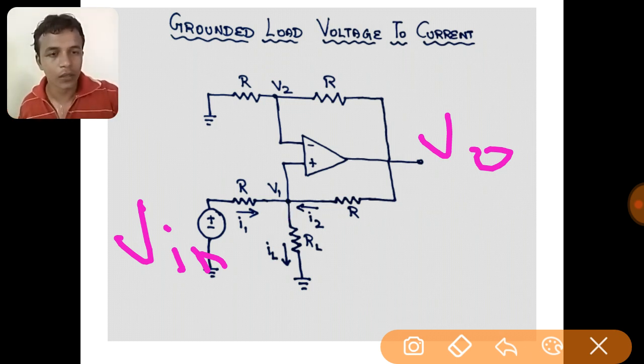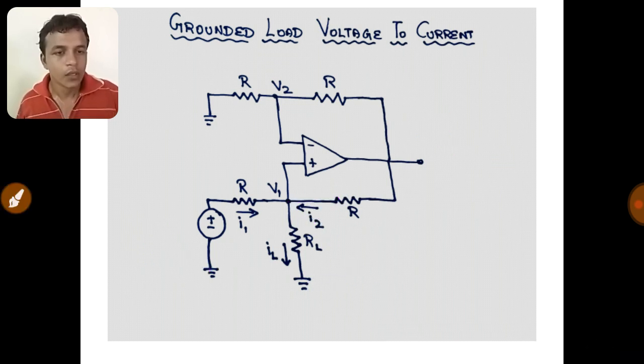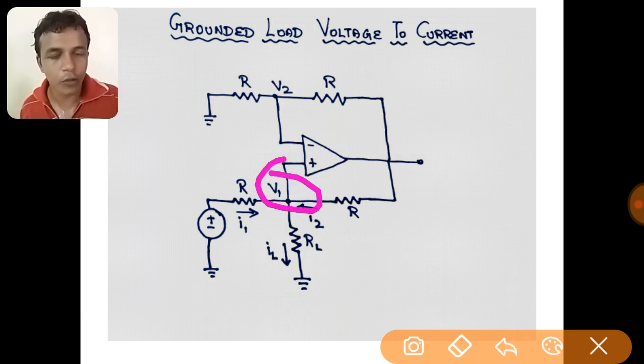Since the voltage which is connected to the non-inverting input terminal of the operational amplifier is V1, due to the concept of virtual ground, the same voltage V1 is available at this point.